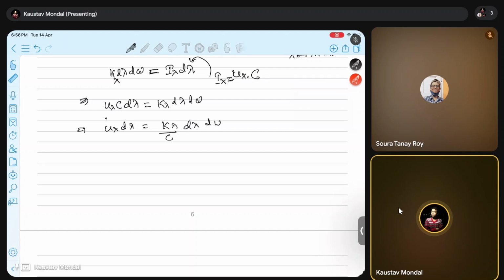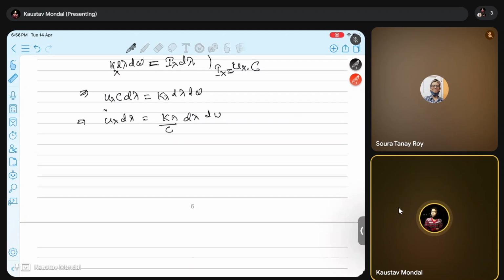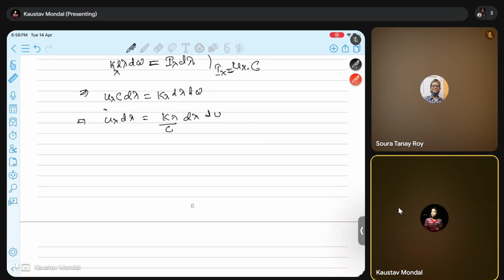Now I have to first consider the integration over the whole solid angle. This will give you 4 pi, so the integration over the whole solid angle gives 4 pi by c K lambda d lambda.